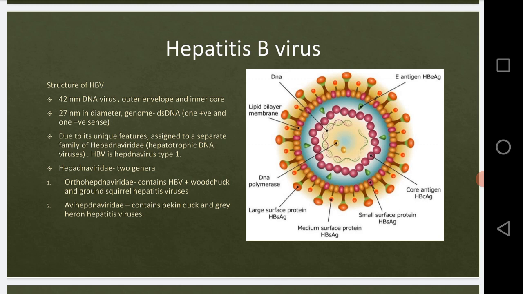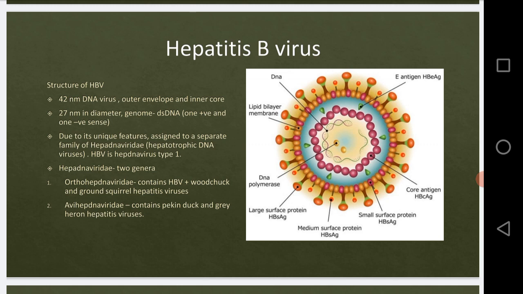That core has antigens, which we will see in detail later. This core has an antigen called the HBc antigen. These are the proteins that are present on the inner core and the outer membrane.